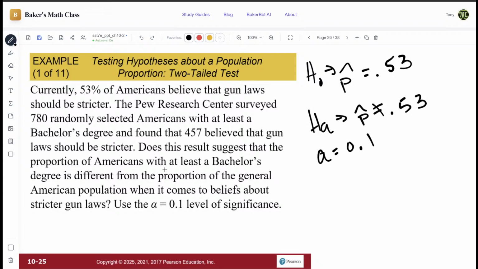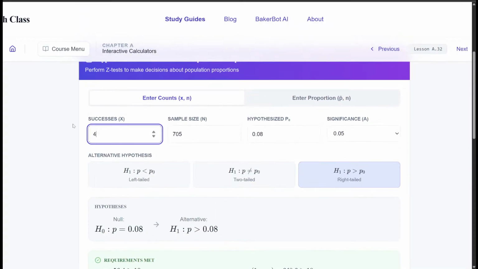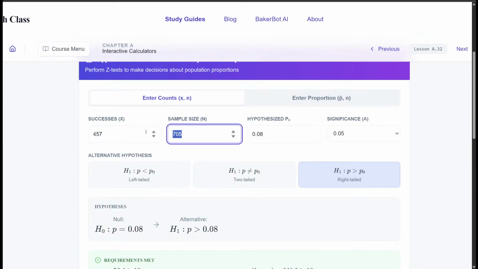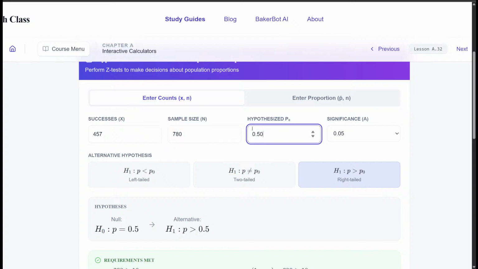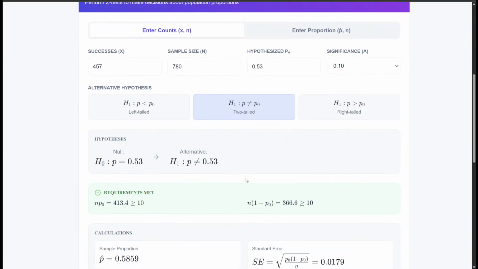And in this case, again, they didn't give me another percent, so we're going to do the X value. So we got 457, 780, 0.53, and we're doing a 10%. And it is a two-tailed test. So requirements are met. It's greater than 10.